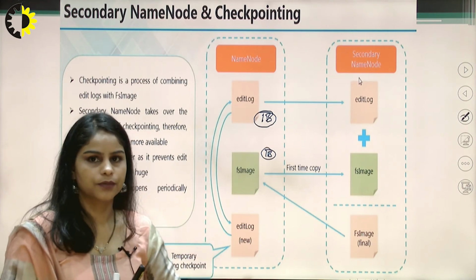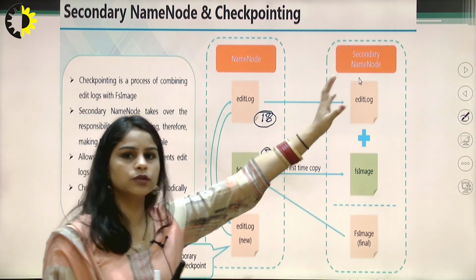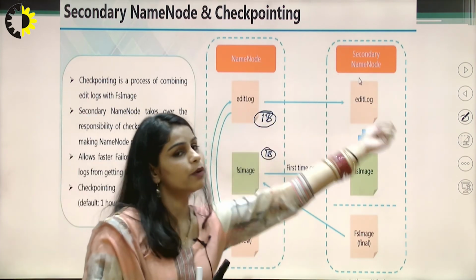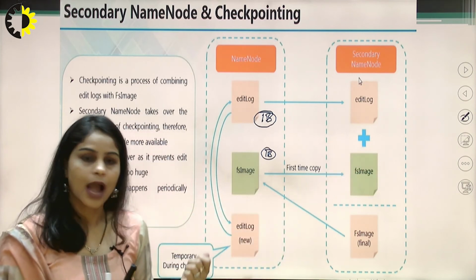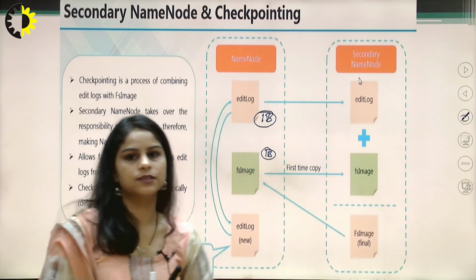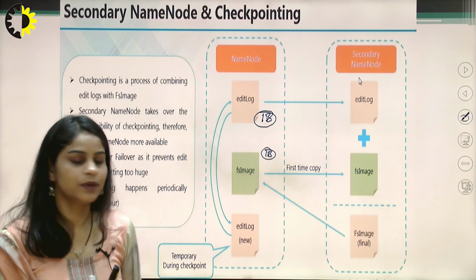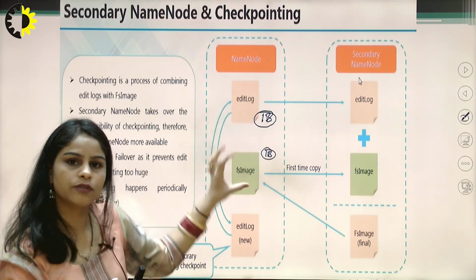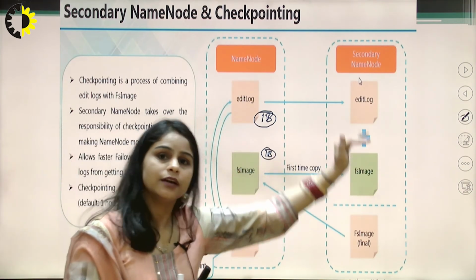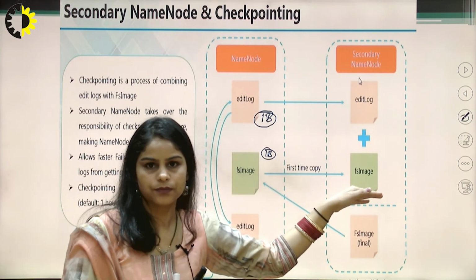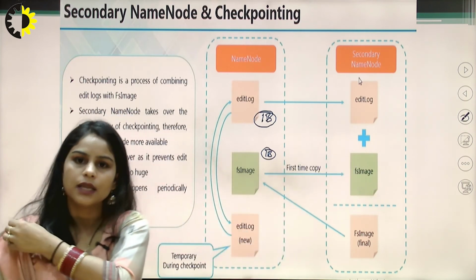After 1 hour, what the secondary name node is going to do is take a copy of this edit log and a copy of this fs image with it. It means it will take the copy of both of these components and combine these copies. Why is it combining these copies?